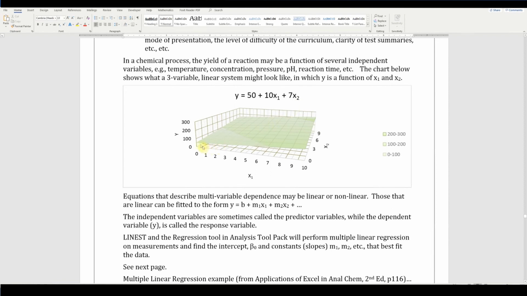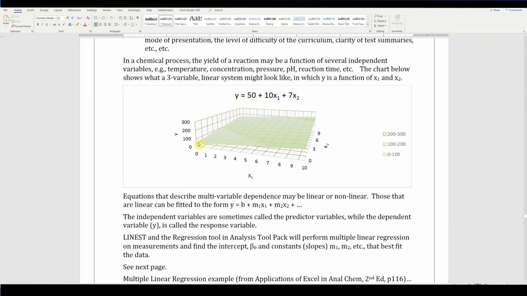So we can see that if you look at the front edge of this, where x2 is 0, this is the 0 line for the depth. Just considering the relationship between y and x1, we can see that as x1 increases, y increases by 10 times.